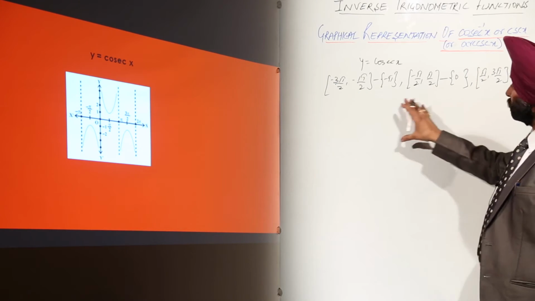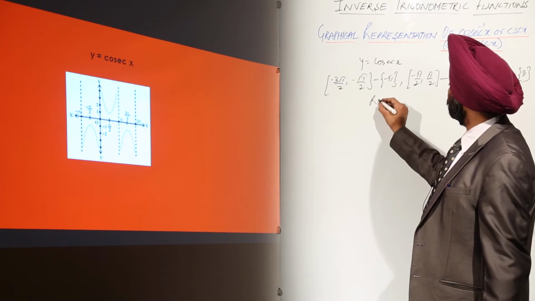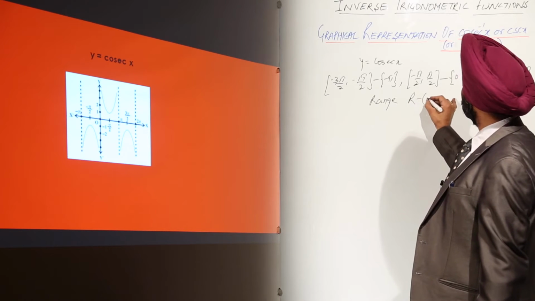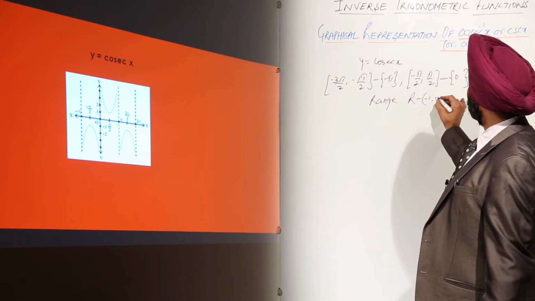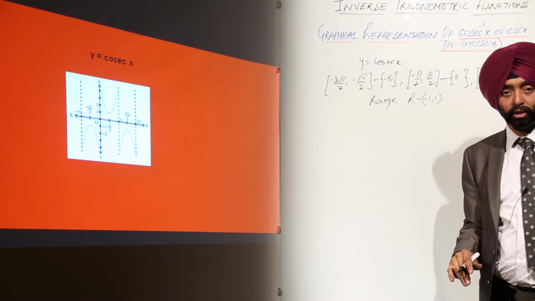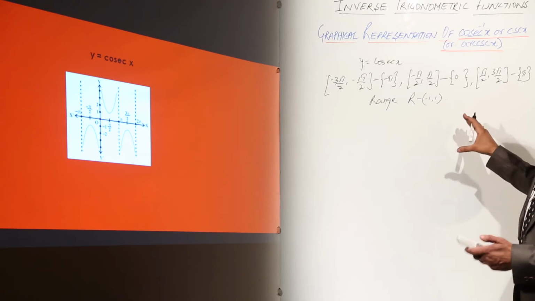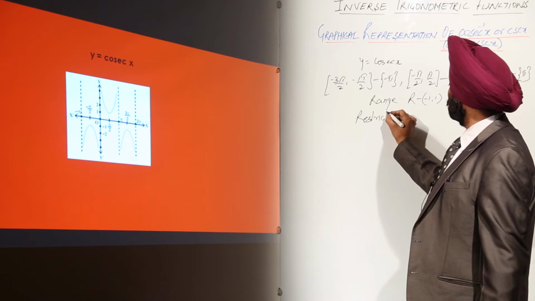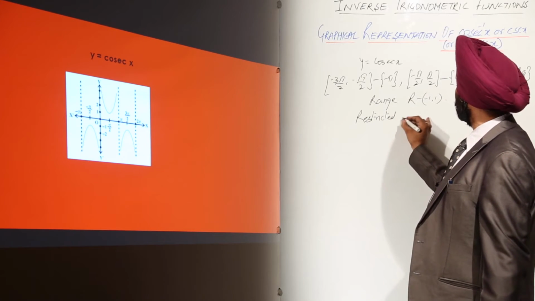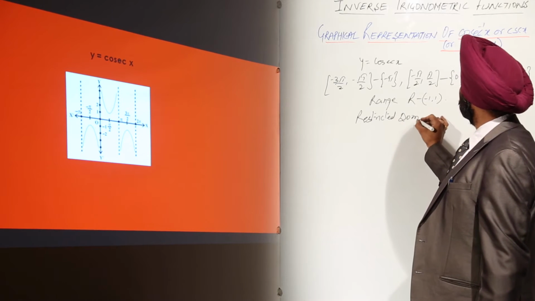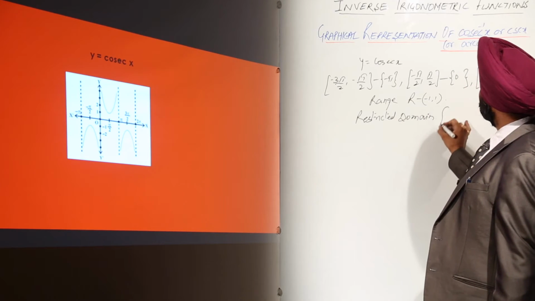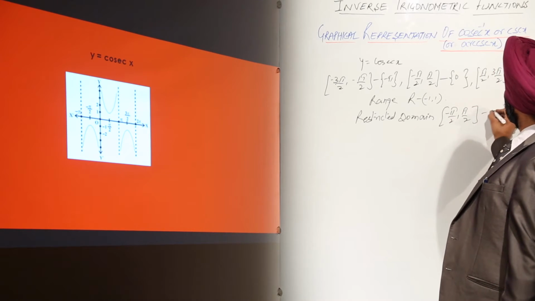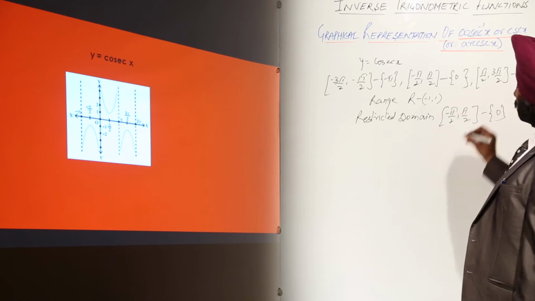Okay. So all these intervals have a common range, which is the set of all real numbers with the open interval minus 1 to 1 excluded. Okay. So now among these three, what we are taking as the restricted domain of cosecant x is minus pi by 2 comma pi by 2 excluding 0.